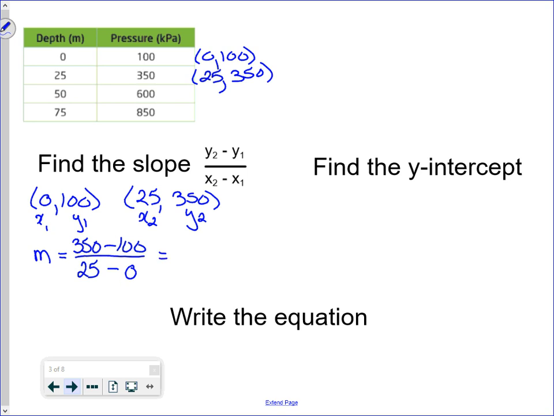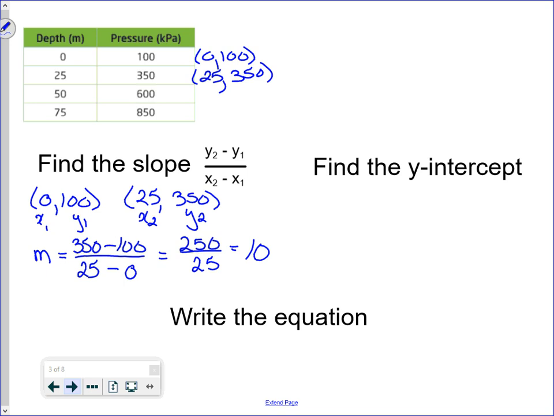So when I calculate this, 350 minus 100 is 250. In the denominator, 25 minus 0 is still 25. And when I calculate this, 250 divided by 25 gives a value of 10. So the slope of this function is 10.